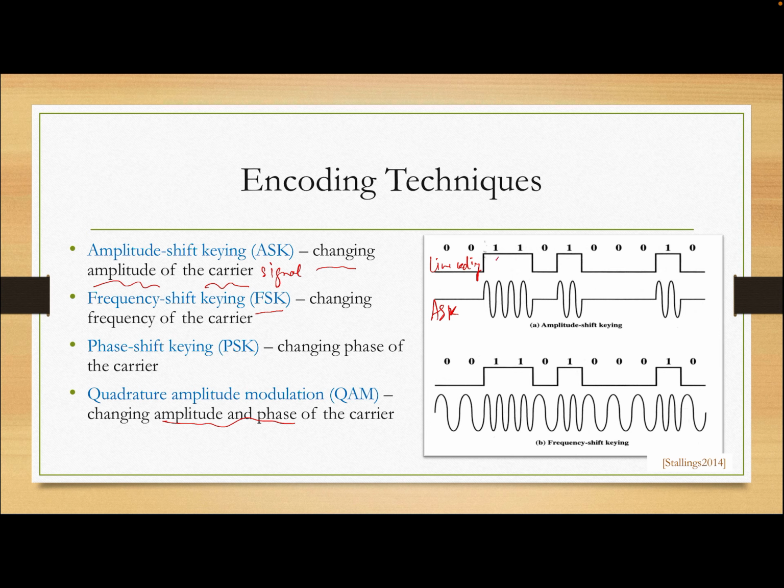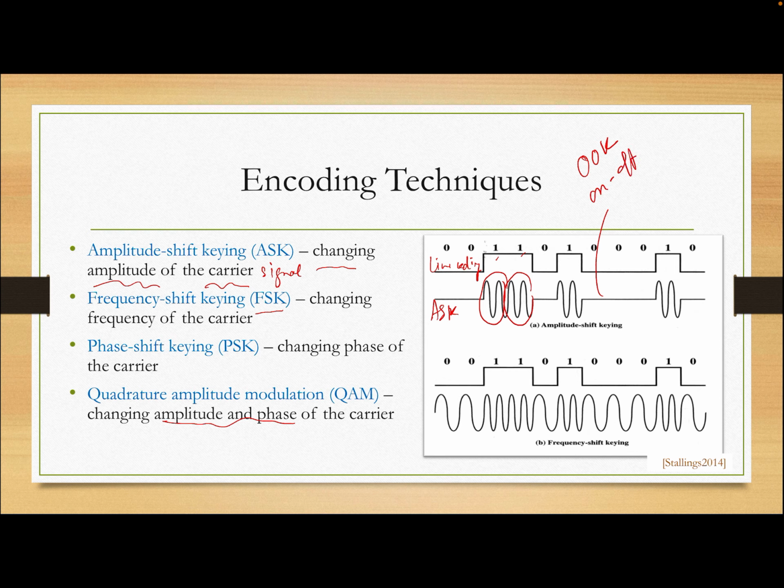So for 1 we send some waveform, and for 0 we send nothing. By sending nothing for bit 0 and sending the waveform for bit 1, we call this on-off keying.